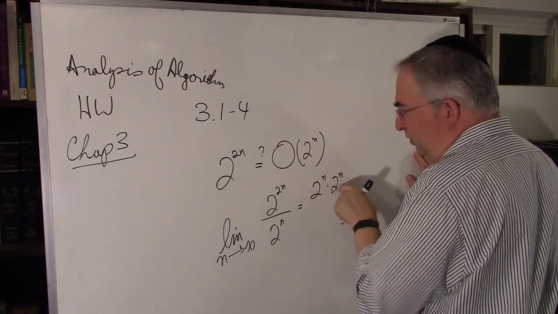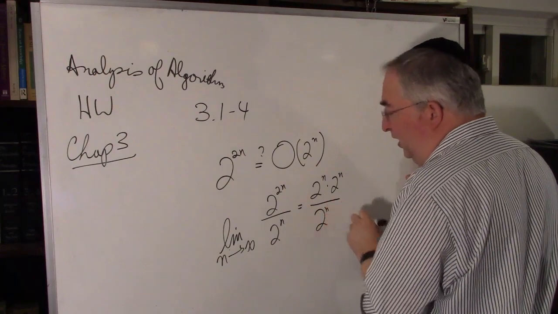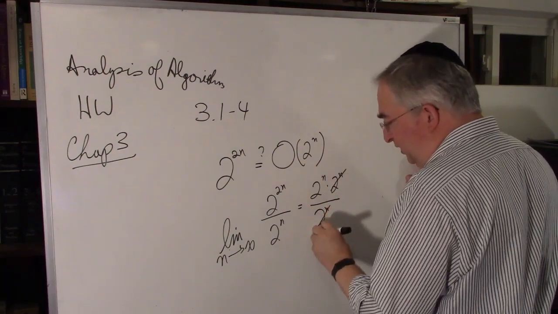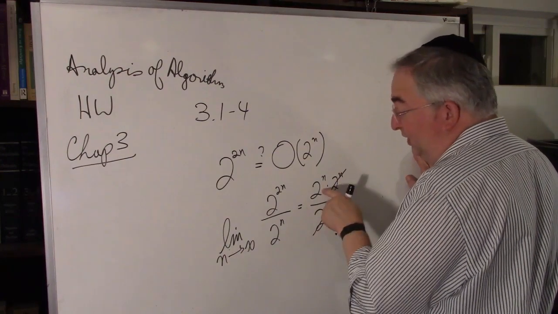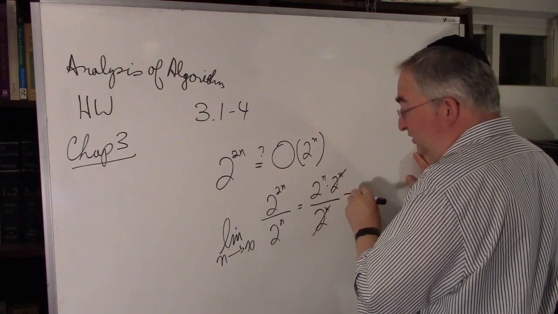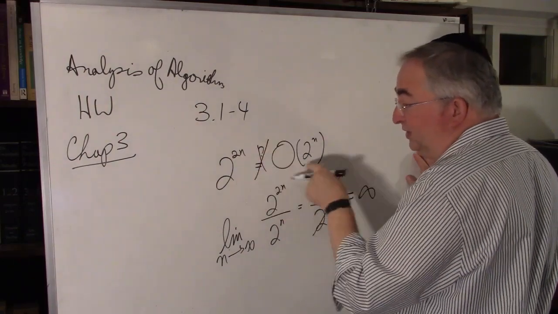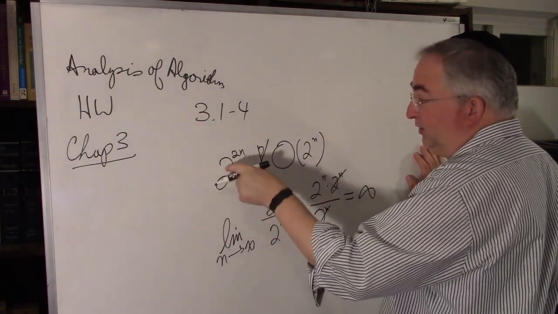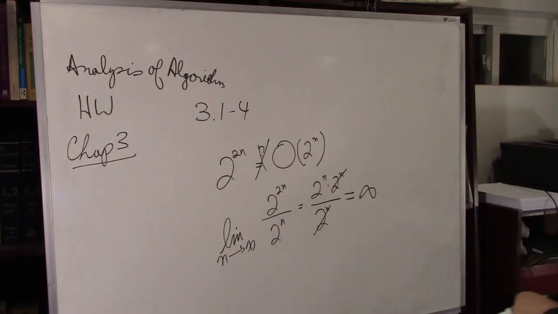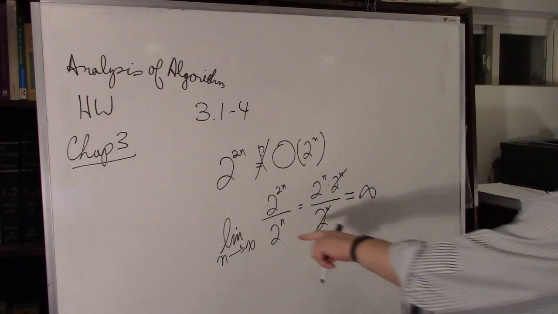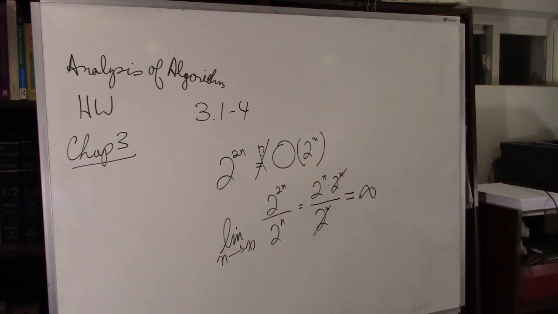You add the exponents, you get 2n, divided by 2 to the n. Cancel this out with this. When n goes to infinity, this is equal to infinity. So that's not true. It's not equal to; it's much bigger. This grows much bigger than this. This would have to be a constant or 0 for this to be true. Okay, let's do the next one.